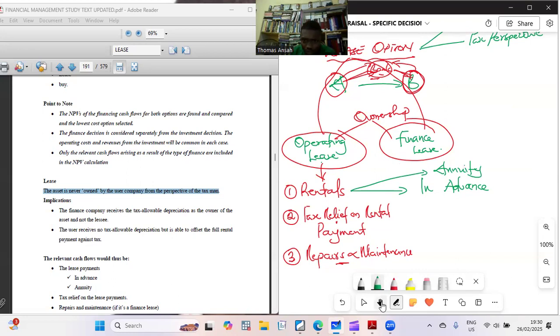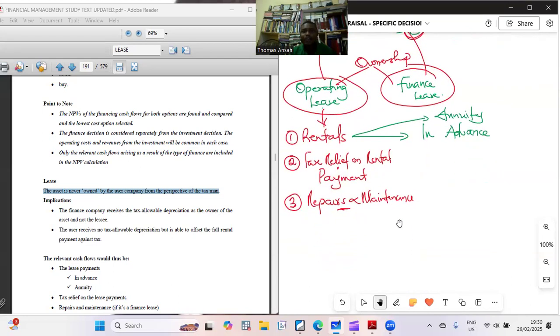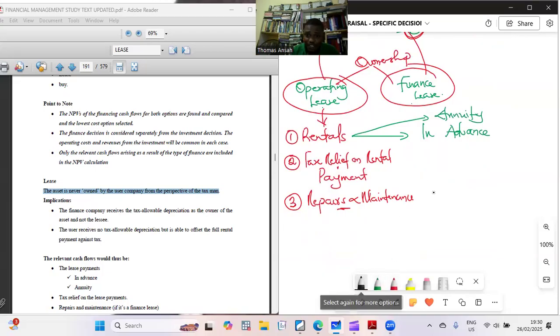Okay. So, like I was saying, whether finance lease or operating lease, if it is finance lease, for example, this repairs and maintenance is best suited for the finance lease because the asset is with you, the person. But in operating lease, usually the owner repairs the thing himself.